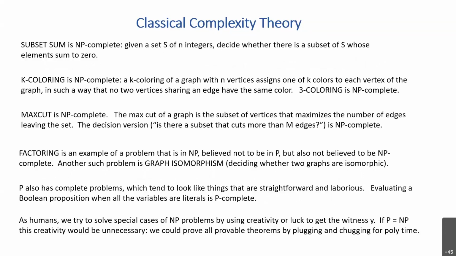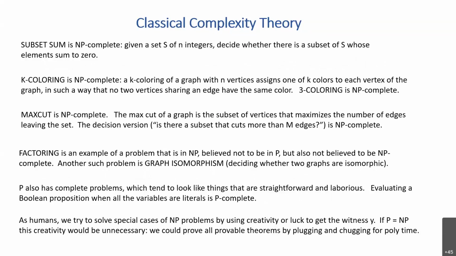So just some examples of some of these problems. Subset sum is an NP-complete problem where you're given a set S of n integers, and you decide whether there is a subset of them whose elements sum to 0.